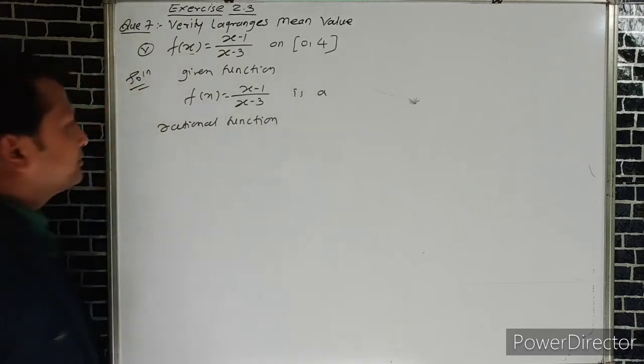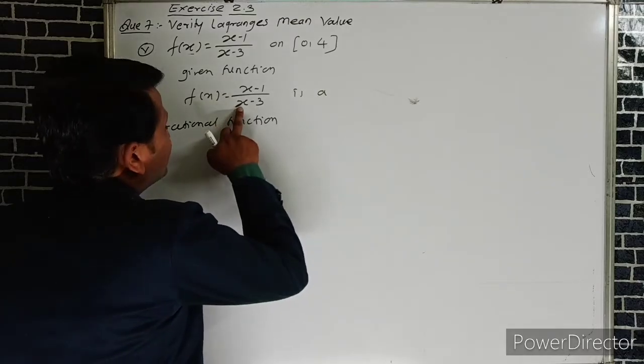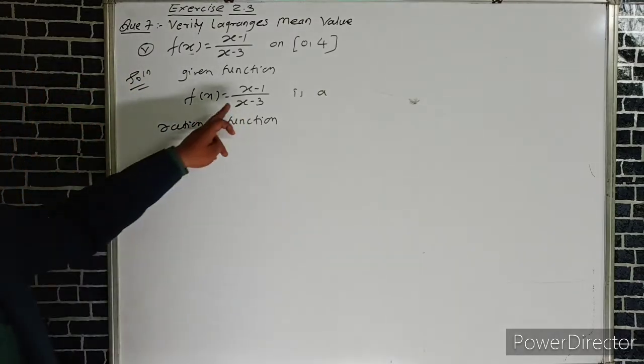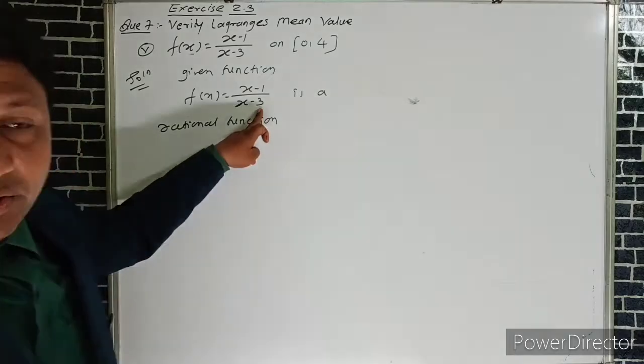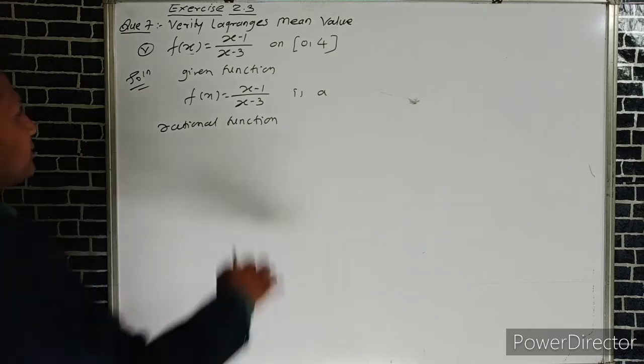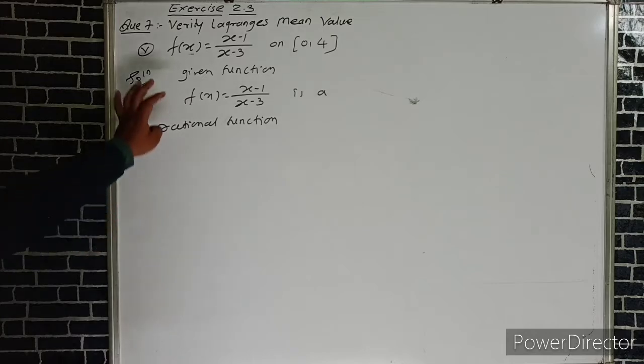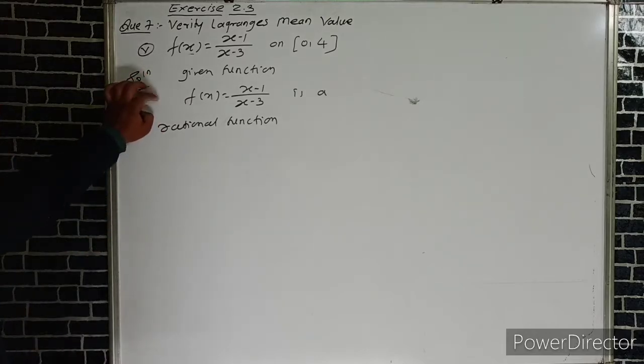But here it is clear that if we put the value of x as 3, then 3 minus 3 is 0, and if the value of the denominator is 0, then the value of the function is infinity, and infinity does not exist in the functions.